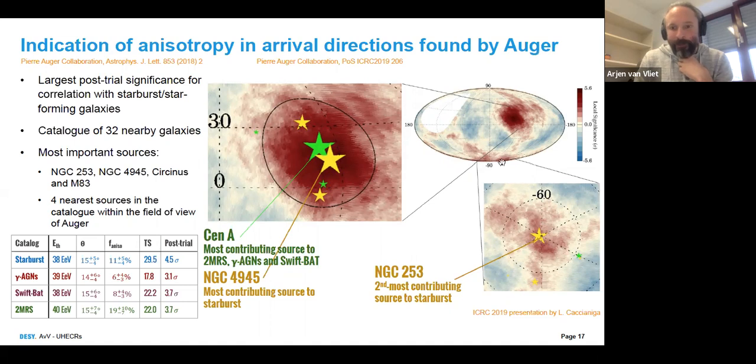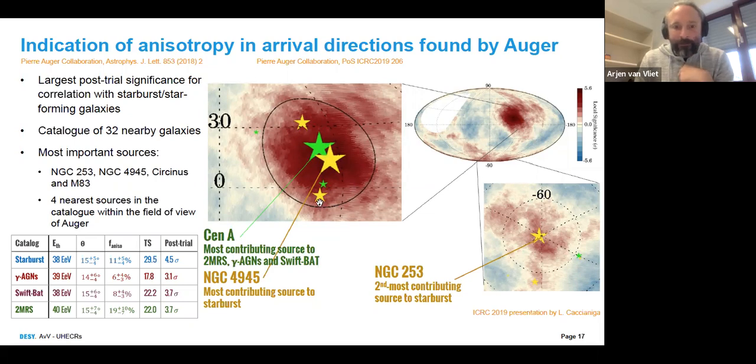Now if we zoom in a bit here, we have a hotspot where we have several interesting source candidates right in the center. One of them is Cen A, which is a nearby AGN, which could produce this hotspot.